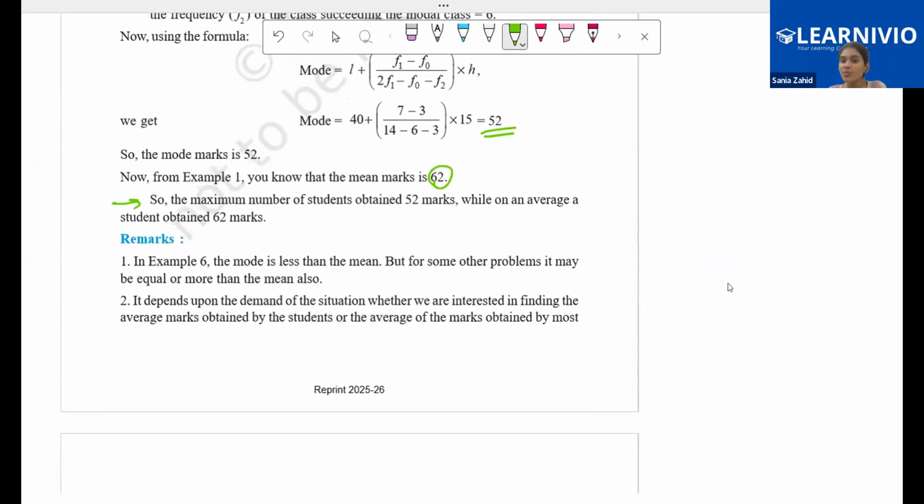So what is the meaning of mean and what is the meaning of mode? Mean means that on an average, the students are getting 62 marks. Some students might get above 62, some are getting below 62, but on an average, a student is scoring 62 marks. And 52 means that most of the students scored 52 marks. That is the meaning of mode.